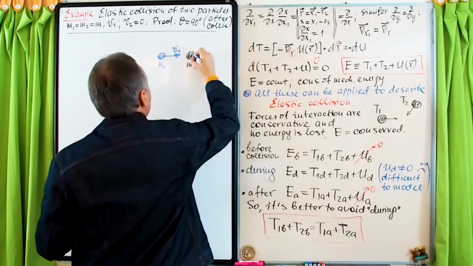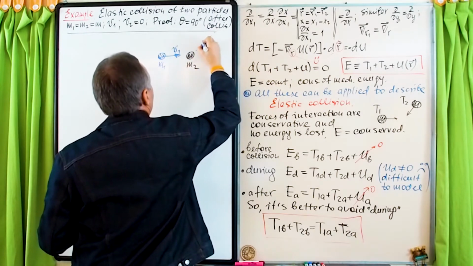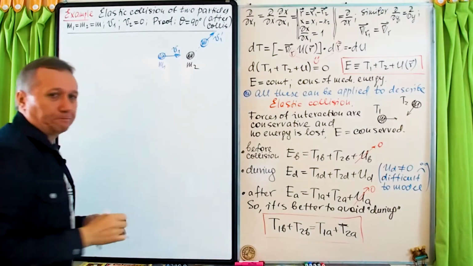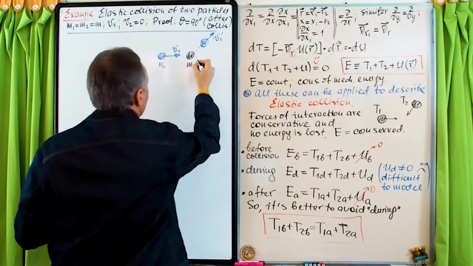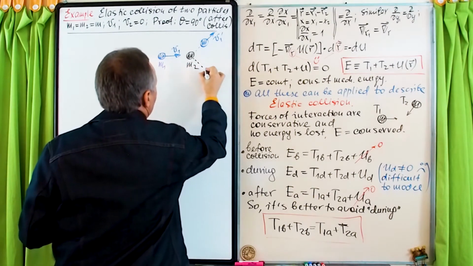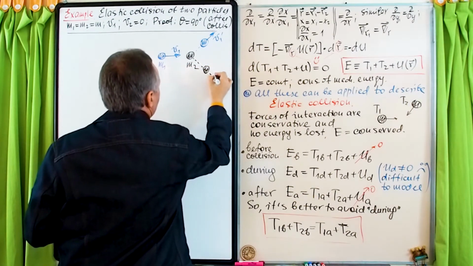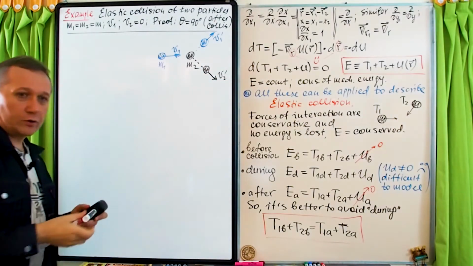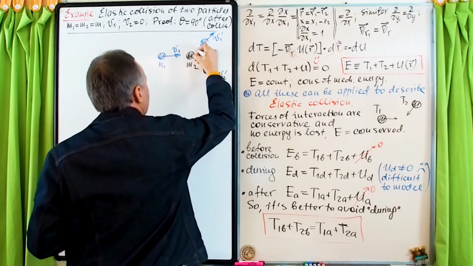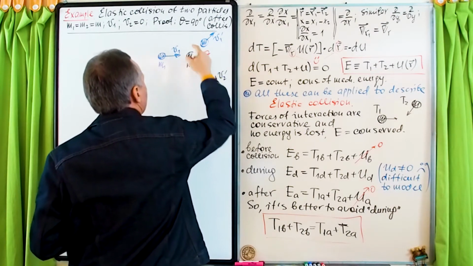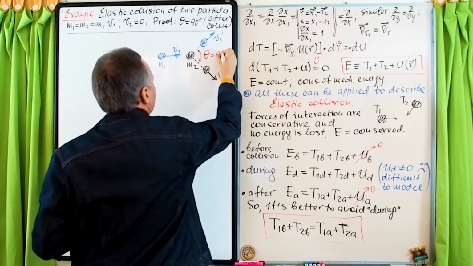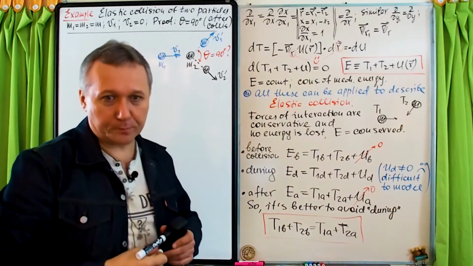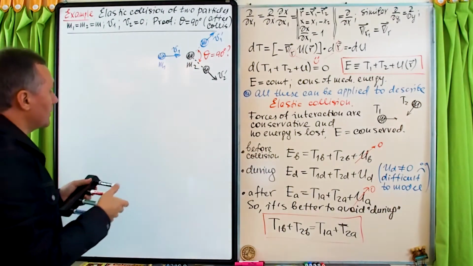After the collision, the first particle will go along that line, this V1 prime, and the second particle will travel along this direction, V2 prime. Again, what we need to show is that this angle, theta, is 90 degrees. I put a question mark, so we need to prove it. So that's the situation.